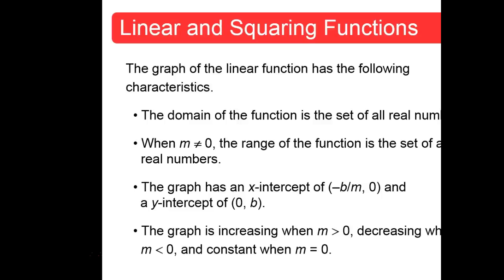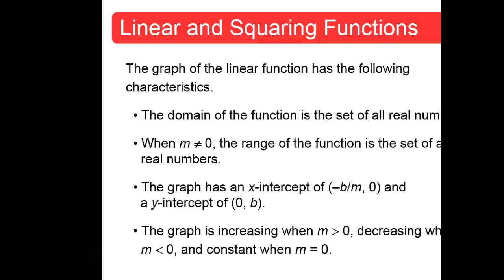When m is not equal to 0, now what happens if m is equal to 0? M stands for the slope, and a 0 slope would be what? Oh, they're all straight lines. Not vertical. Horizontal. All right. Like pulling teeth up here. I feel like a dentist. So, horizontal line when m is equal to 0.